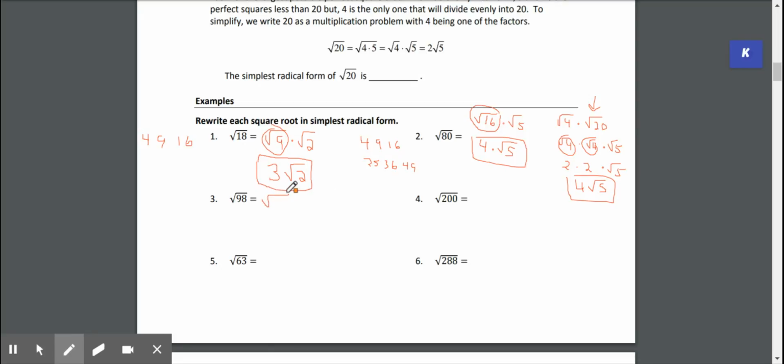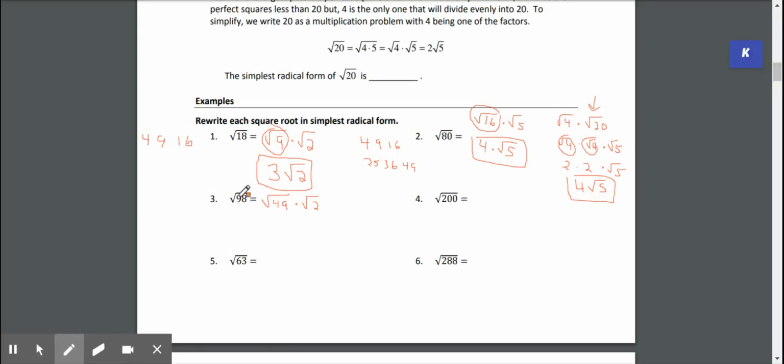Sometimes you can actually work just by your divisibility rules. It's not probably the best way to start by just dividing by 2, but sometimes dividing 98 by 2 to see that what is left is 49 is one way to get things started. I prefer, though, to divide by my perfect squares since I was memorizing them all year.